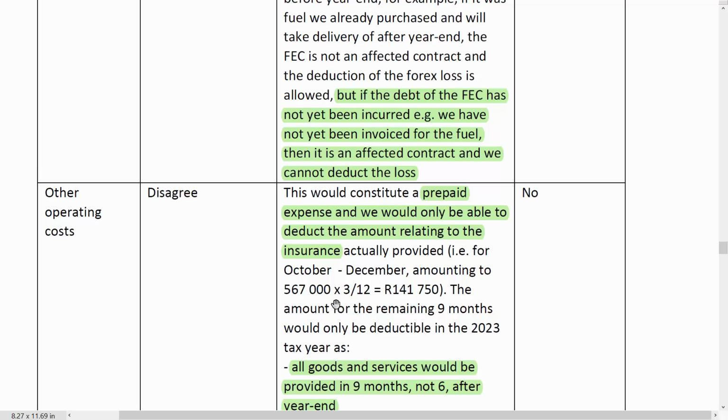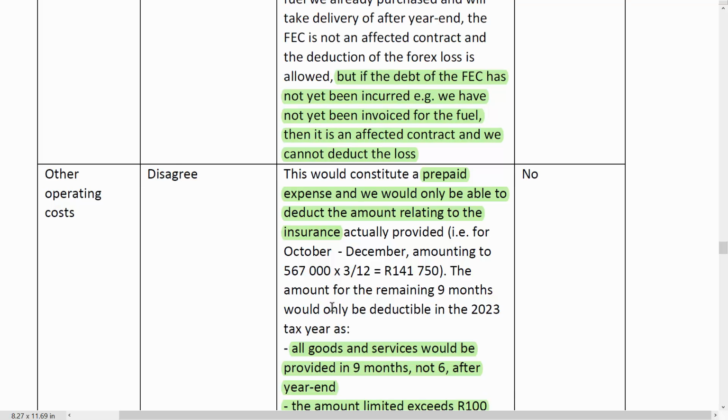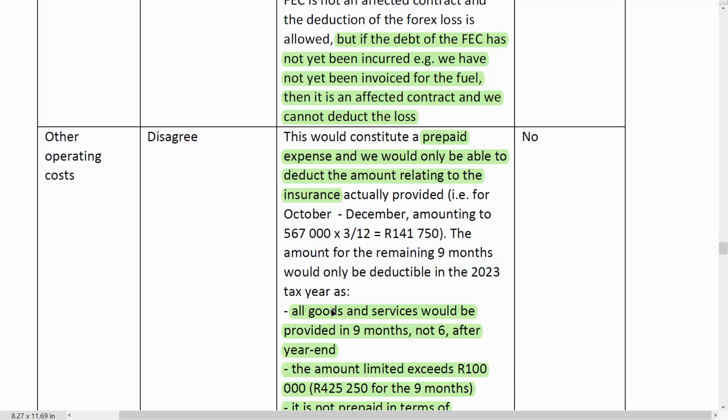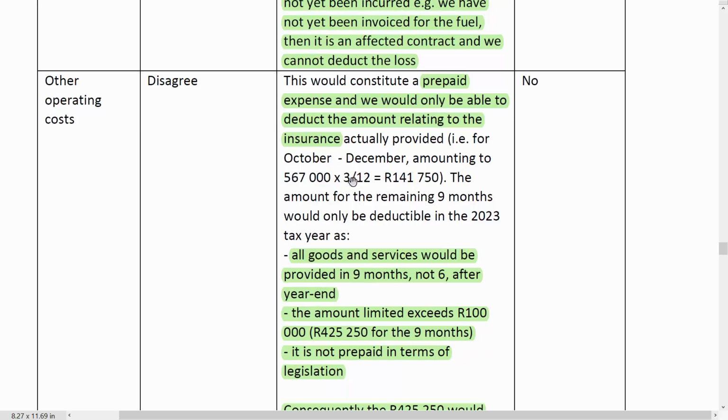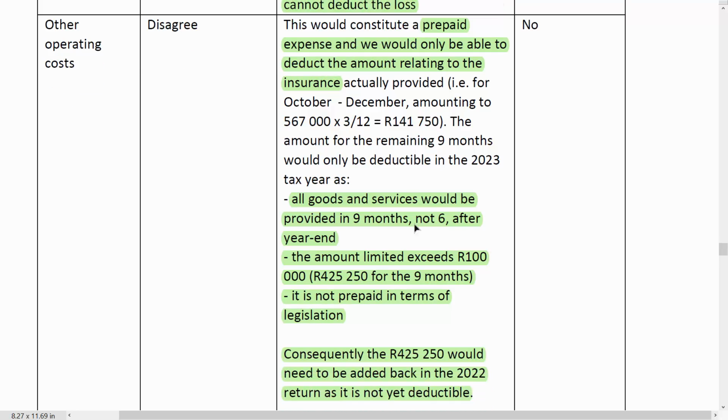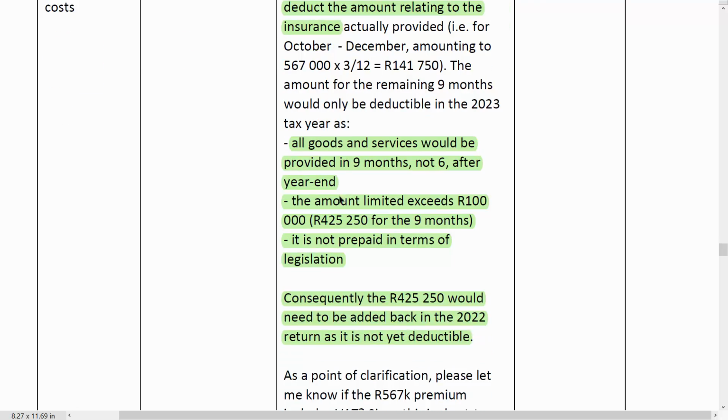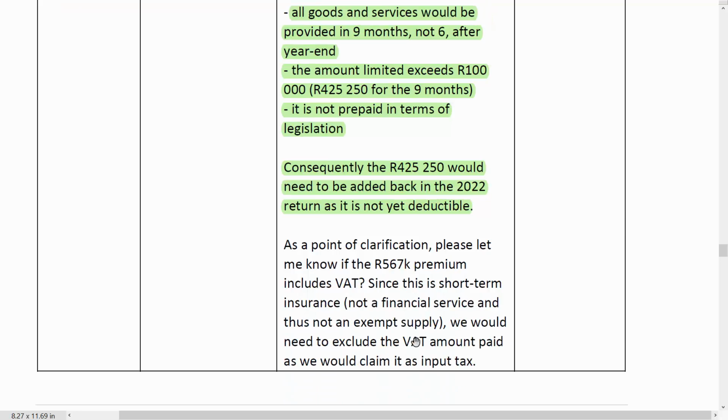Let's continue. As it relates to the other operating costs, the candidate identifies that this insurance payment is a prepaid expense, identifies that the portion from October 2022 to December 2022, which is the 141,750 Rand, would be deductible, but then applies the limitation of Section 23H and then identifies that the prepaid expense portion cannot be deductible in this case.